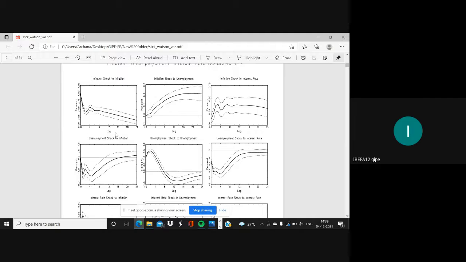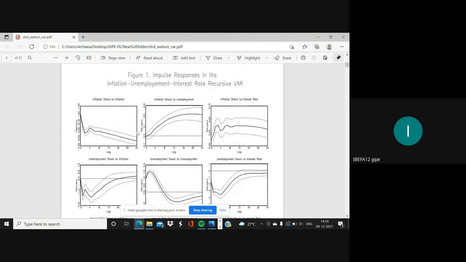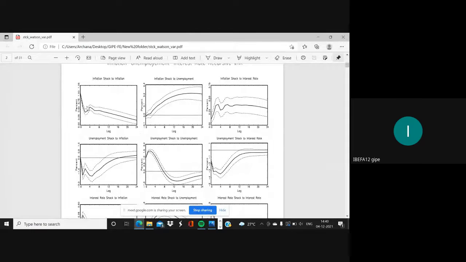If you look at the x-axis here, you're looking at the effect of a single shock over 24 periods. I think this is quarterly data that has been used, so the effect of the shock is being observed up to 24 periods.